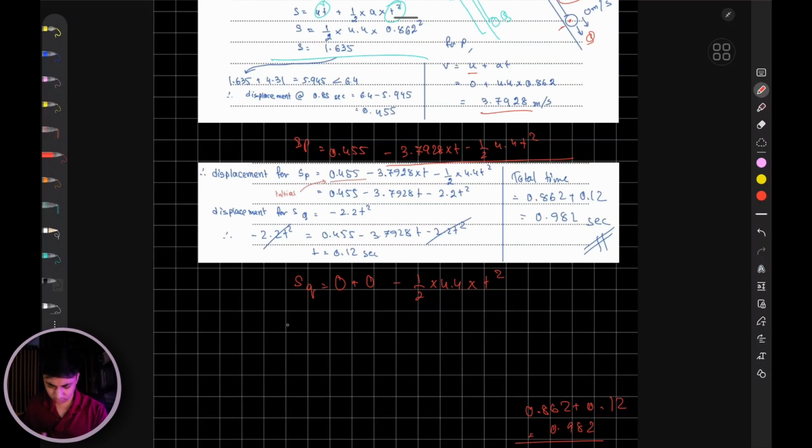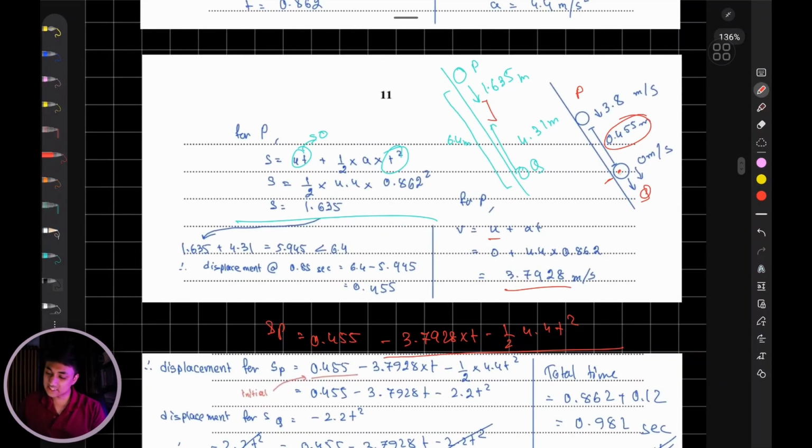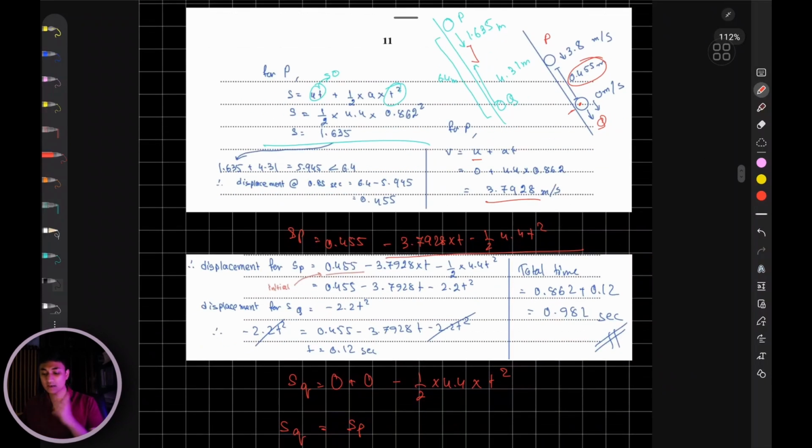Now, write both of these down. That is, equate SQ equals SP. That is, the displacement of P and displacement of Q is going to be equal. Meaning that at some point, both of their displacements are going to be the same with respect to this point. What that again means is at some point, both of these particles are going to meet, which is why their displacement compared to this position is going to be exactly the same.